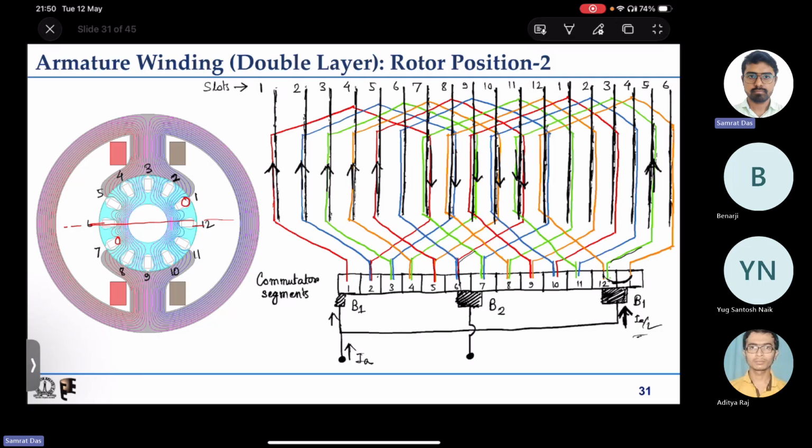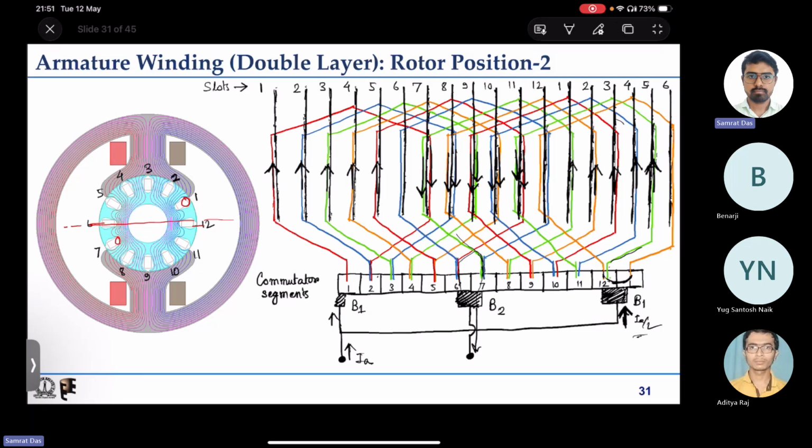It will come back here, from green to blue it will get transferred, then it will come back through this blue one, then get transferred to this red one, come back through this red one, go through this orange one, come back from this orange one, go to this green one, come back through this green one, and reach commutator segment 7, where you have some brush connection, so that will be collected by the brush and flow there. So we have traced the current paths.